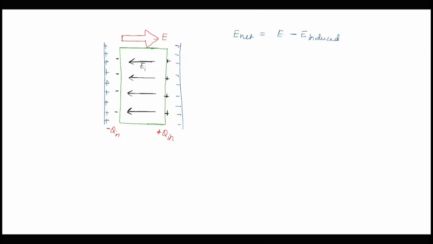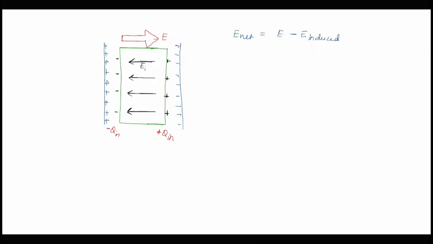So now we define the dielectric constant of the medium. A dielectric has another parameter, which is regarded as the dielectric constant. We have considered over here that an original electric field E was present. So the dielectric constant is the factor by which the electric field inside the dielectric gets reduced.